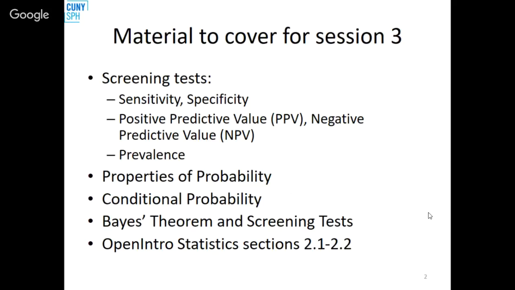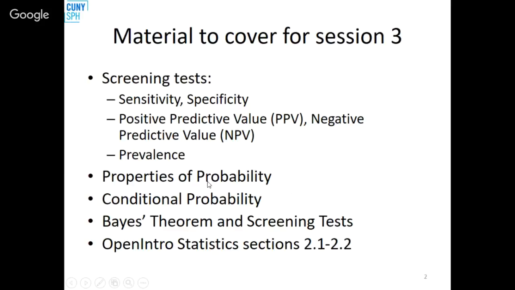So this class is a little bit different from the rest in that we are not talking so much about statistical description or inference here, but really talking about probability and its application to screening tests. And I'm going to introduce some important terminology to you that certainly won't be the last time you hear it during your programs and your careers, around ideas of sensitivity, specificity, positive predictive value, negative predictive value, in relationship to the prevalence of a disease.